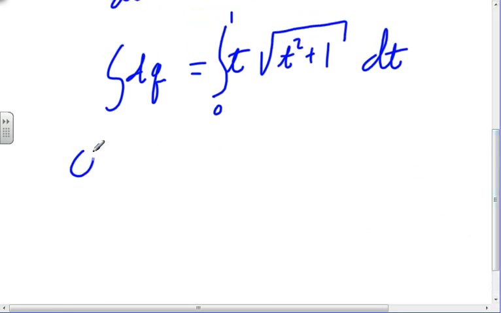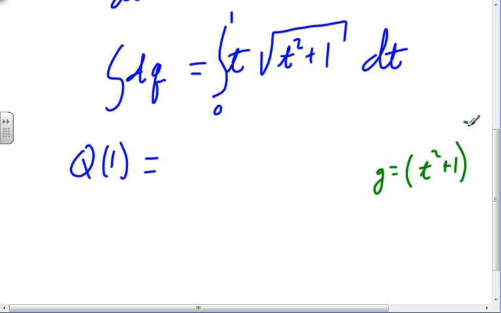So Q at 1 is going to be, okay, what is that going to be? And so I'm going to do my guessing thing again. I'm going to guess I'm in the form t squared plus 1 to the 3/2.